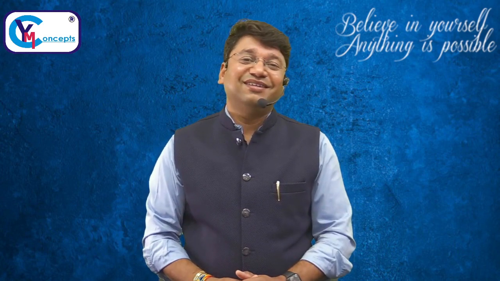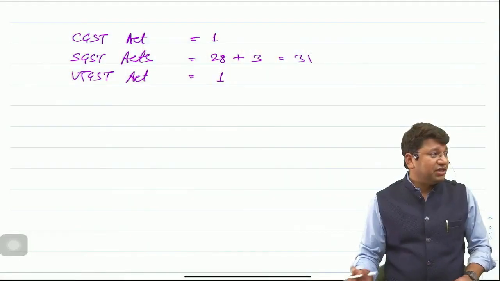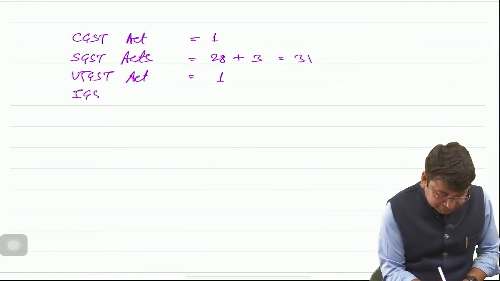Sir, to remove this dispute, to solve this dispute, a separate tax, the IGST Act, sorry, integrated goods and services tax, is charged. So a separate act, the IGST Act, is introduced.